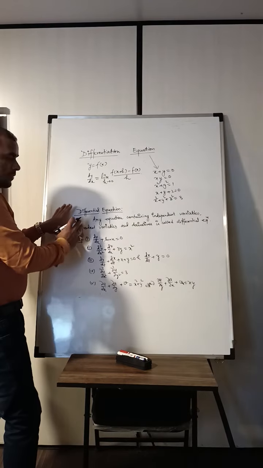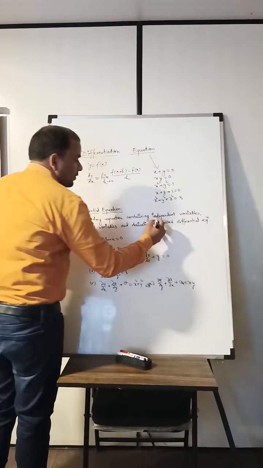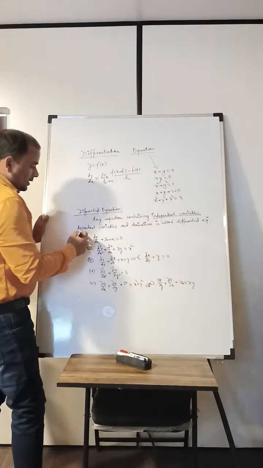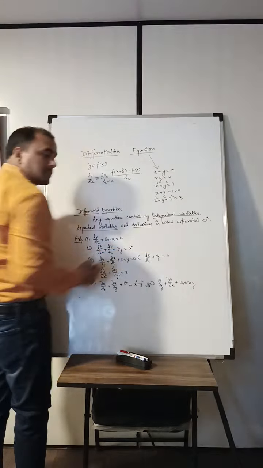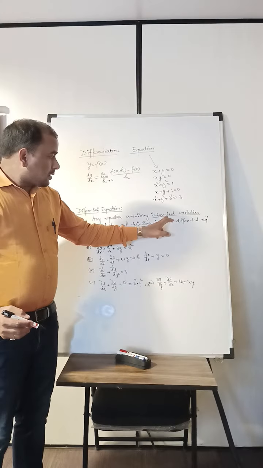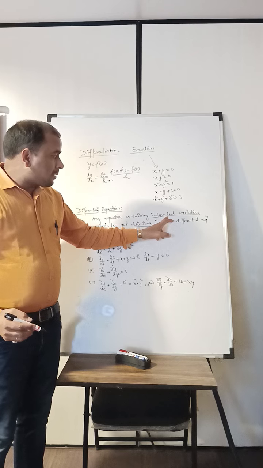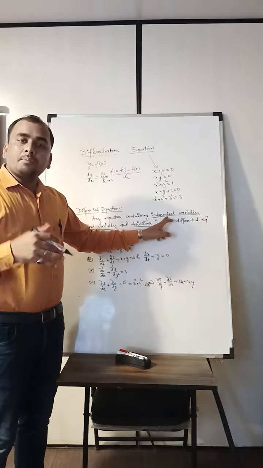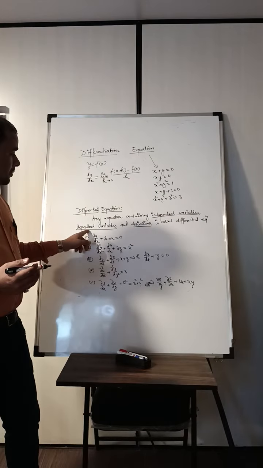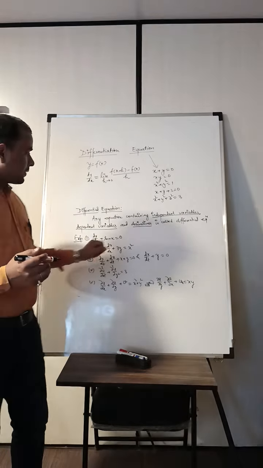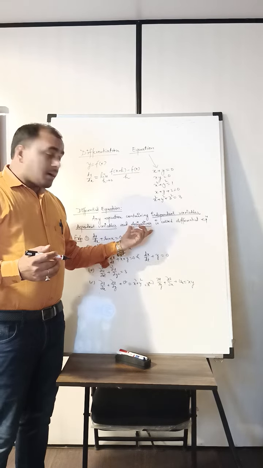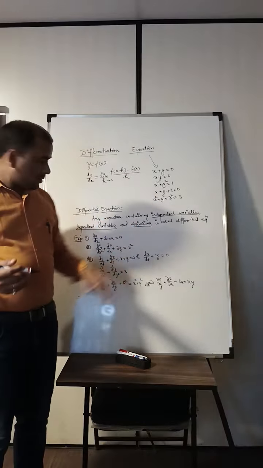In the definition of differential equation, we have three terms: independent variables, dependent variables, and derivatives. The number of independent variables may be one or more than one. Also, the number of dependent variables may be one or more than one, and derivatives may be higher order derivatives.